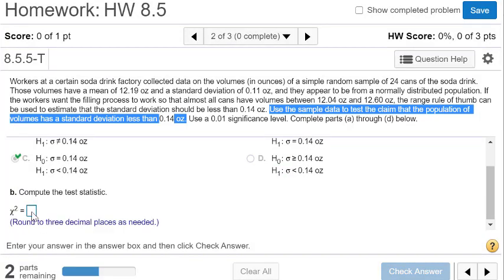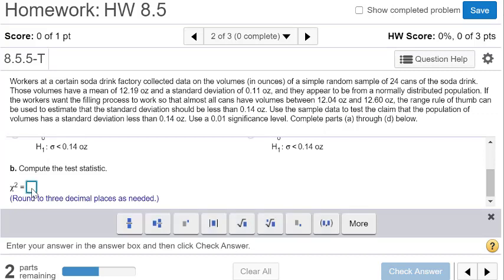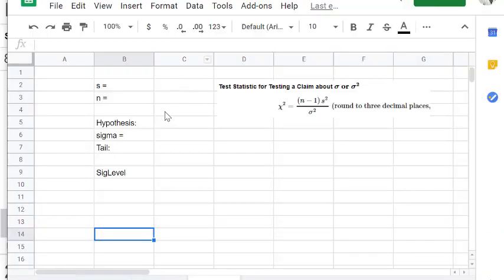Alright, they want us to compute the test statistic. For that, we're going to go to our Google Sheets, and let's remember that the standard deviation is 0.11 ounces. We have 24 cans that we checked.